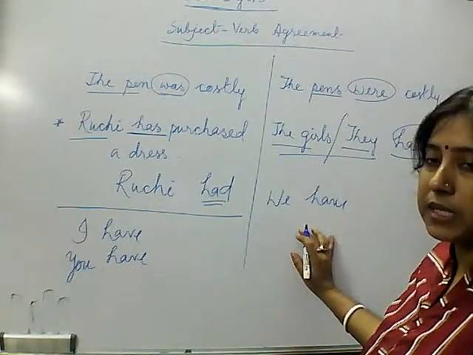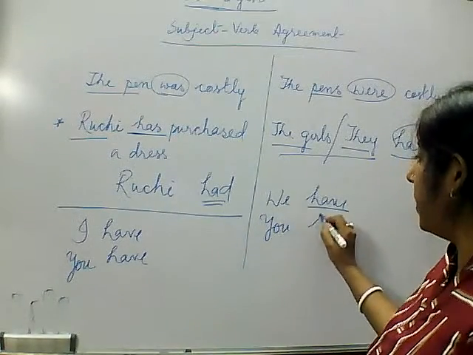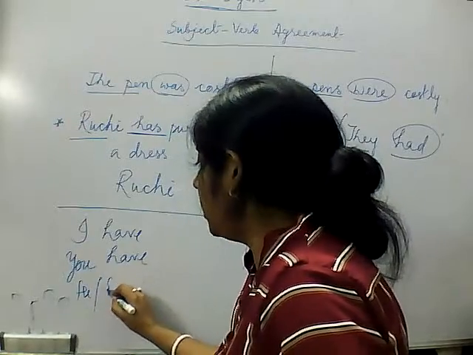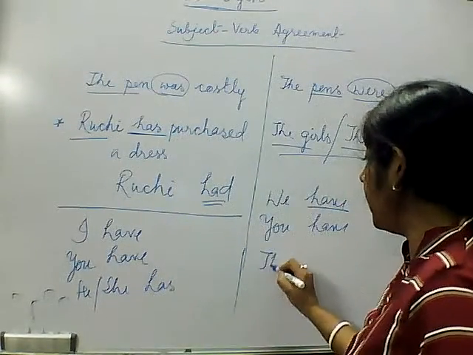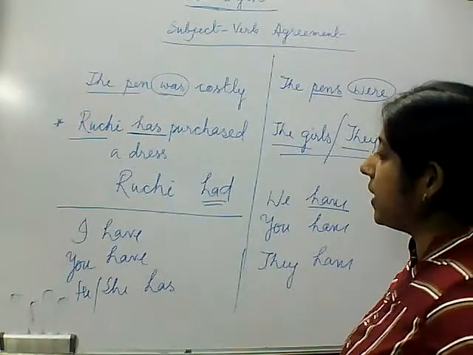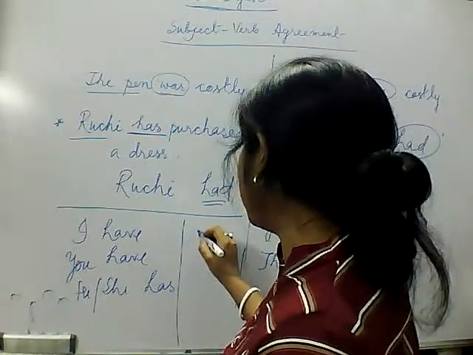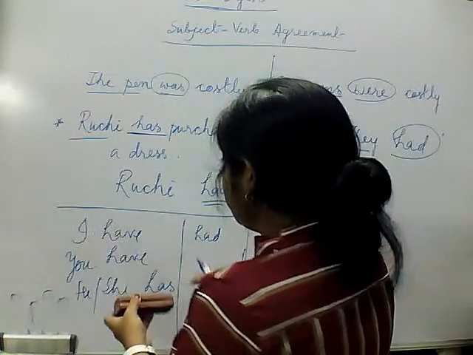Okay, in plural number we use have. And if it is he, she, then we have to use has. And if it is they, we have to use have. And past tense is very easy. In past tense, in all the cases, we always use only had.